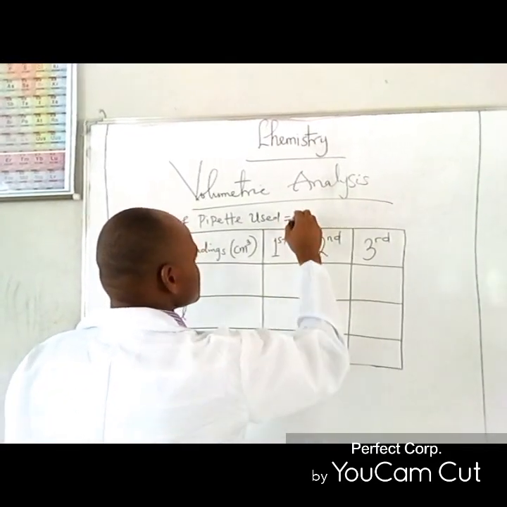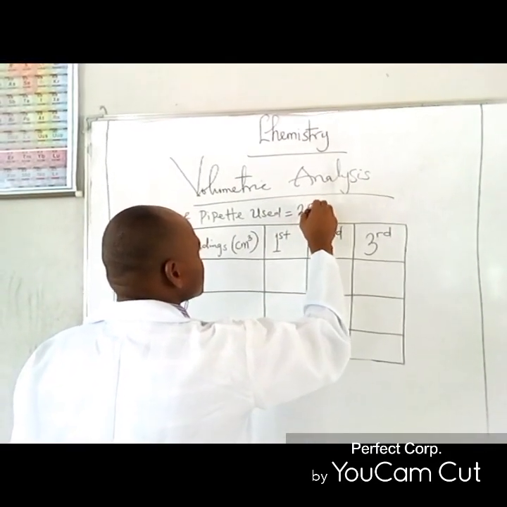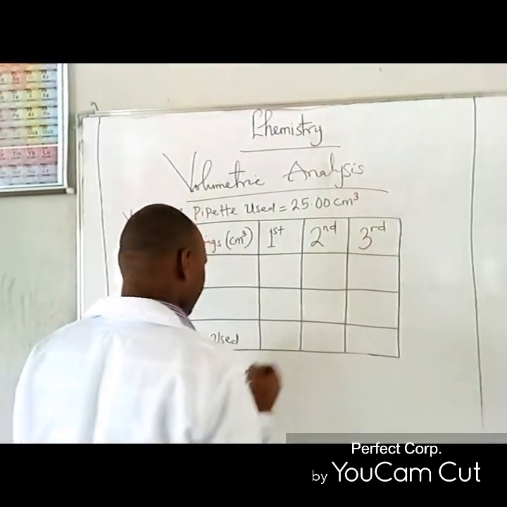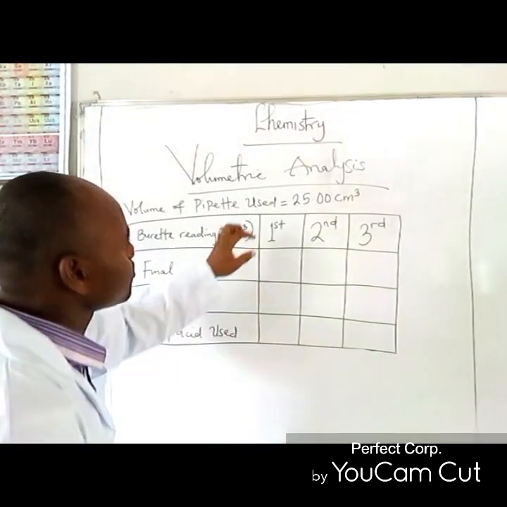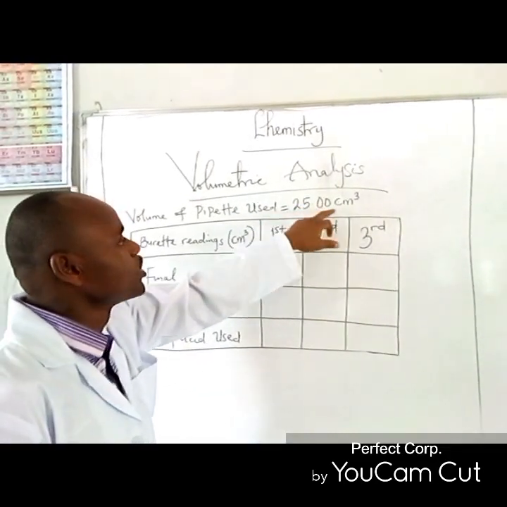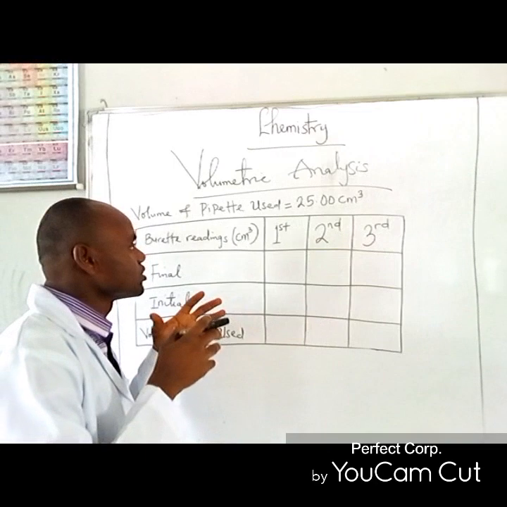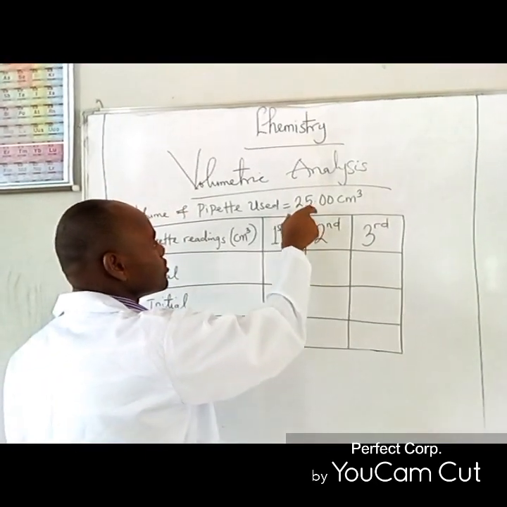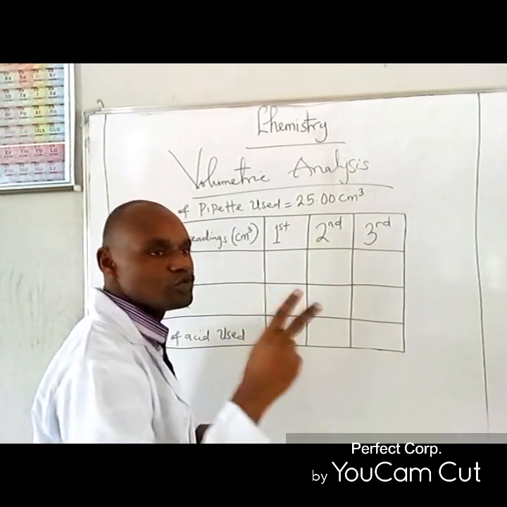The one I'm using is 25.00 cubic centimeter. In one of the videos I did, I explained this. Ordinarily, the size of that pipette is just 25 cubic centimeter. But like I said in one of the videos I did, always write it in 2 decimal places.